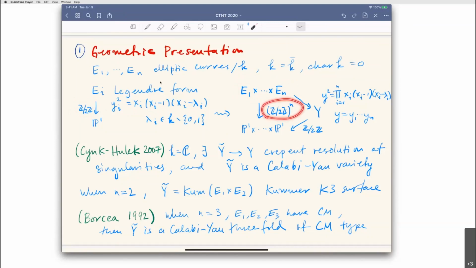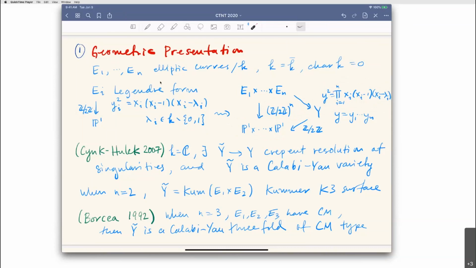It's now a (Z/2)^n cover of the product of P1s. Inside of this, there's an index 2 subgroup, by Galois theory, where all the vectors add to 0, and we get this variety Y, which is itself a Z/2 cover of P1 x P1 x P1. And this Y has an equation like a Weierstrass equation: y squared equals a product of Legendre equations in different variables.